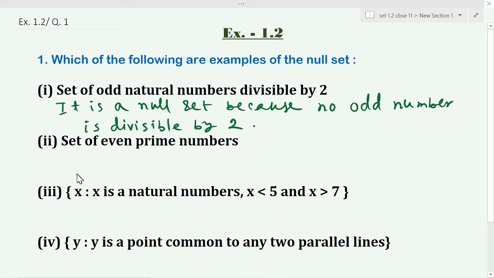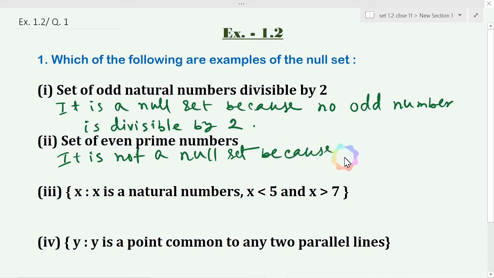Okay. Now set of even prime numbers. Now it is not a null set. Okay. Not a null set because 2 is an even prime number.